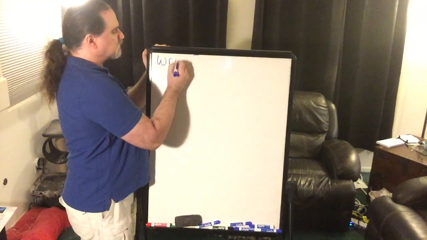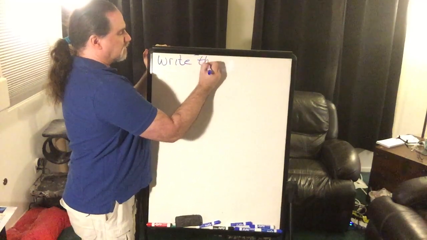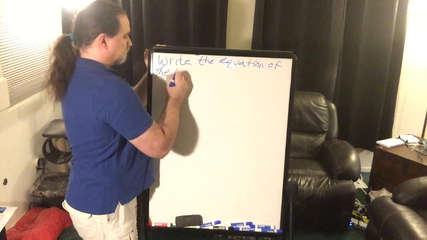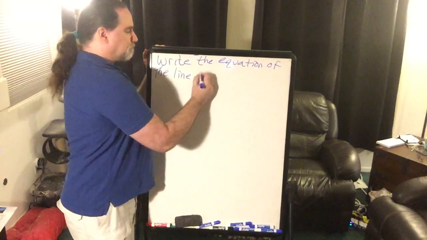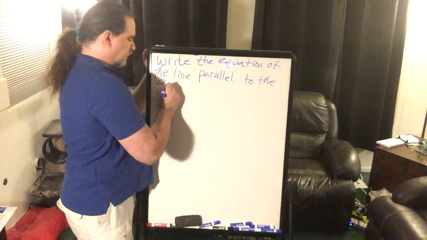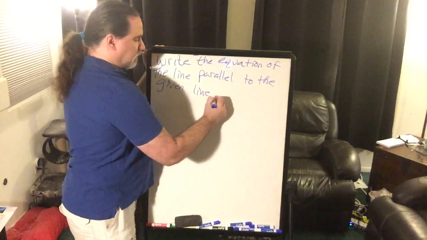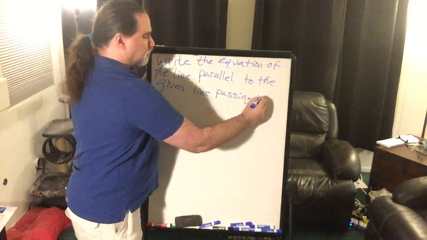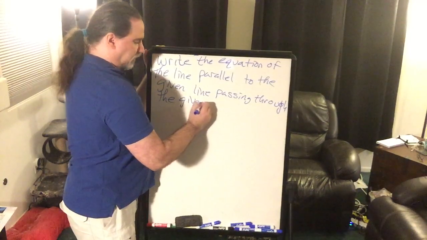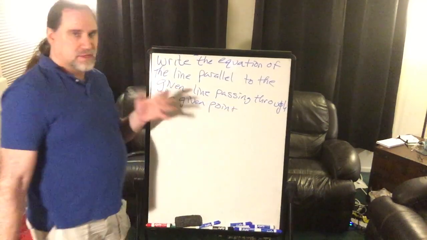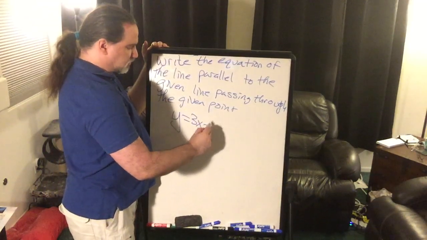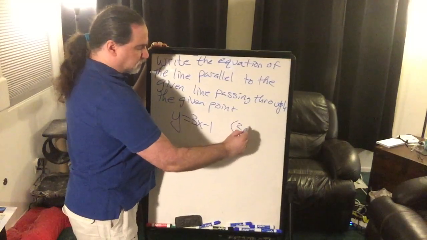Okay, they'll say write the equation of the line parallel to the given line passing through the given point. They love this. So here's your given equation, which is going to make my life really easy. y equals 3x minus 1, and my given point will be (2, 4).